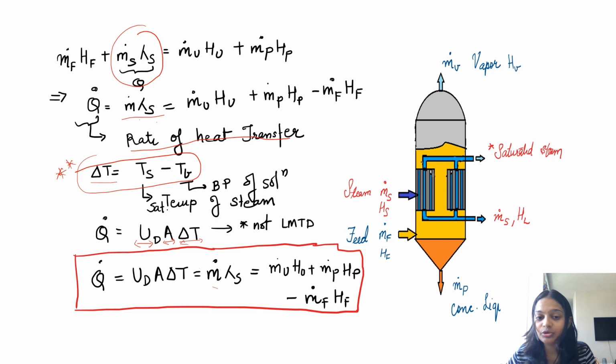Delta T is generally a known factor, found through theoretical values, and from that you can find A. With the help of A, you can design your evaporator. This is what is called the design equation and heat equation of the single effect evaporator.